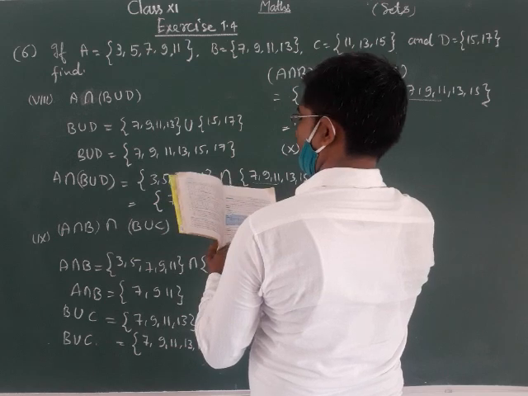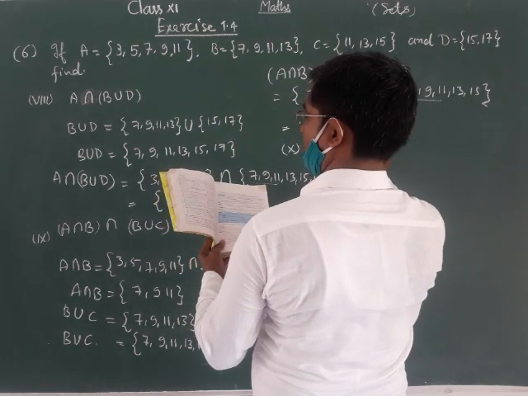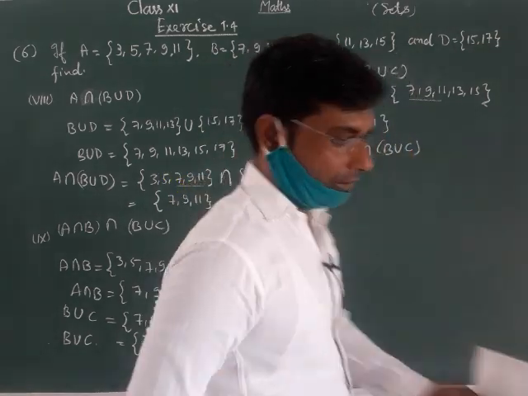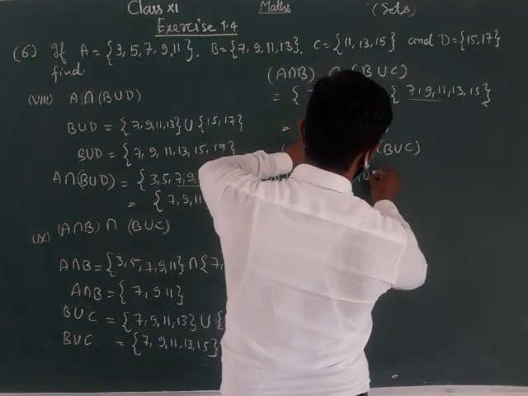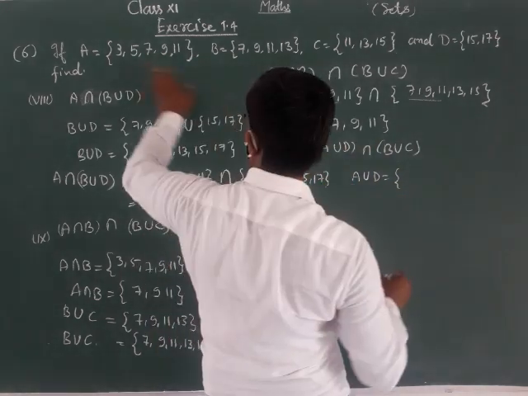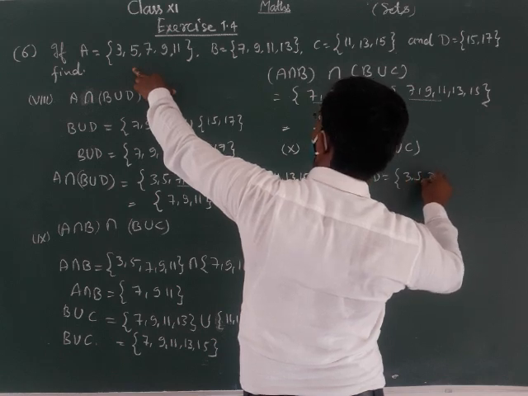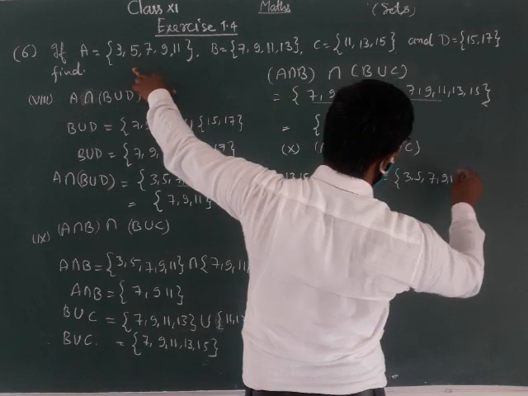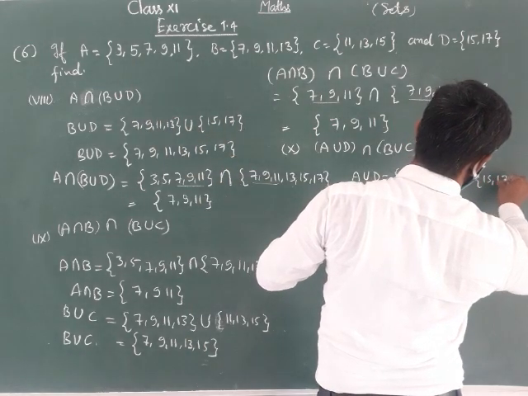A union D and intersection B union C. So we find A union D. The elements of set A are 3, 5, 7, 9, 11, and the elements of D are 15 and 17.